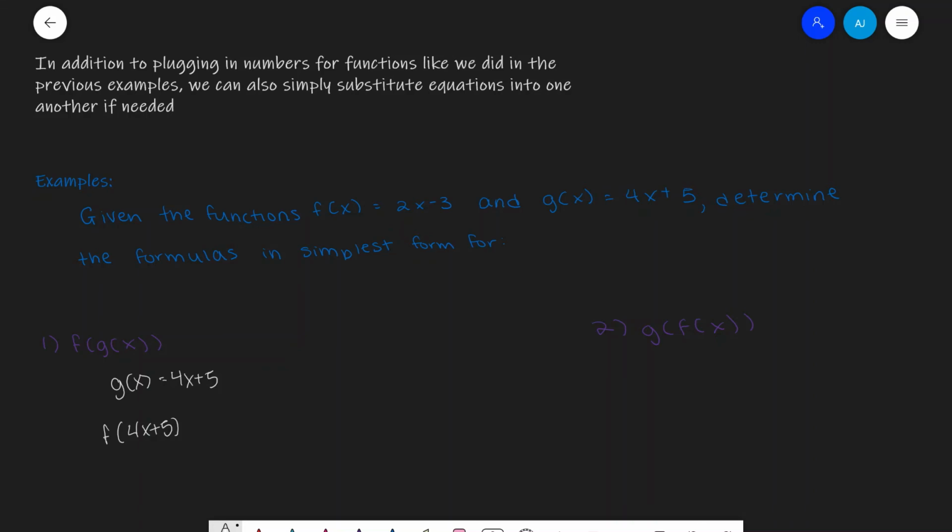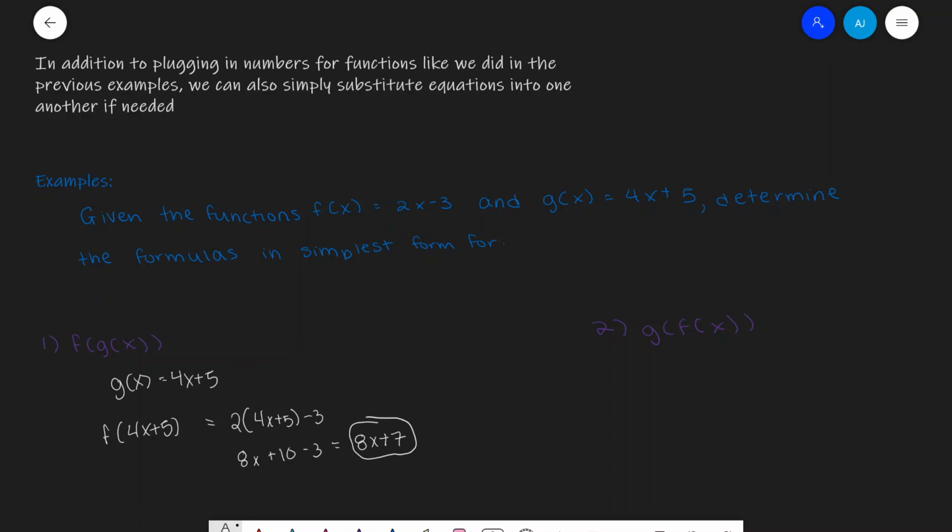So it would equal 2 times 4x plus 5, since we're substituting that for x, minus 3. Now if we use the distributive property, we distribute the 2, which gives 8x plus 10 minus 3. If you combine like terms, you'll be left with 8x plus 7, which is your final answer.